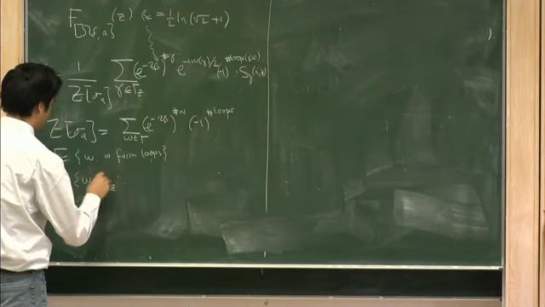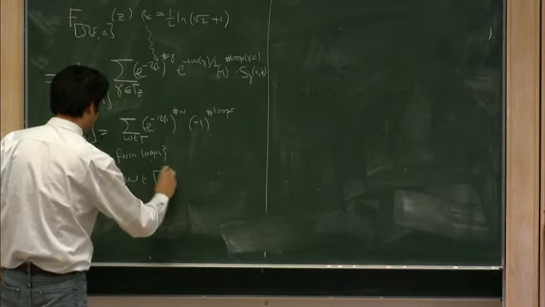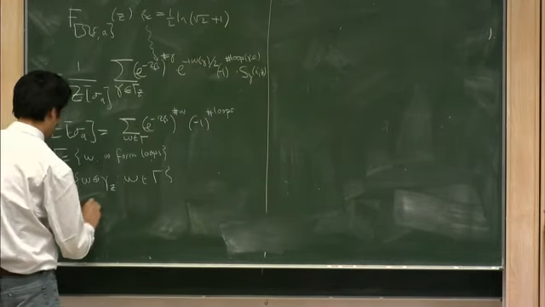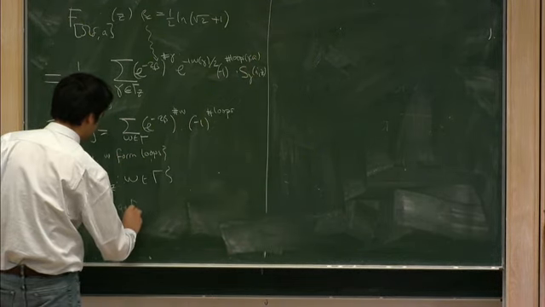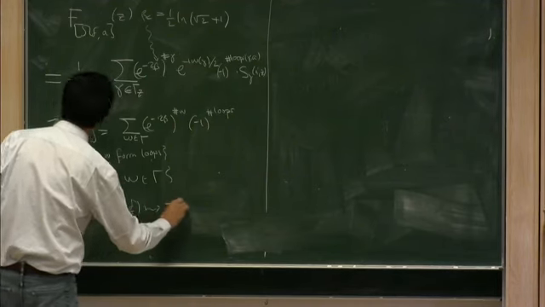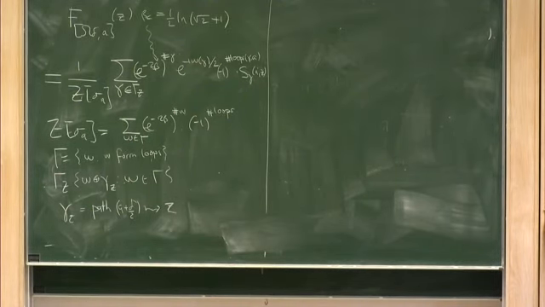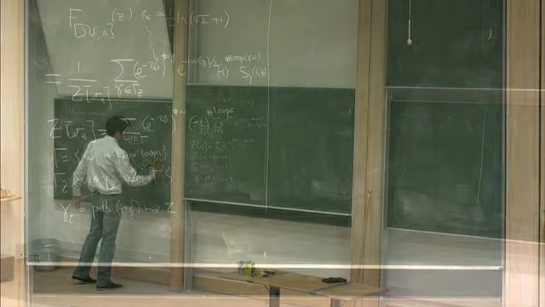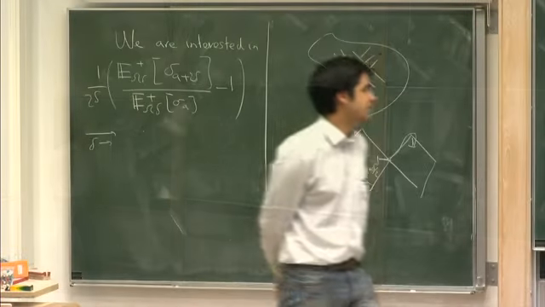So omega is in gamma, and gamma z is a path from A plus delta over 2 to z. Okay, so that's the setup. A is here, z is somewhere there, and that's what we have.